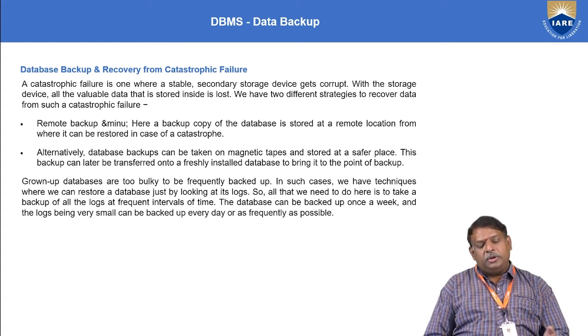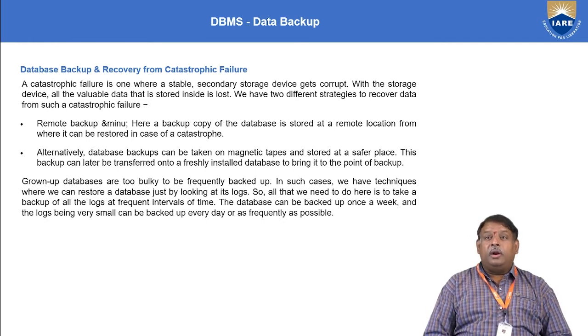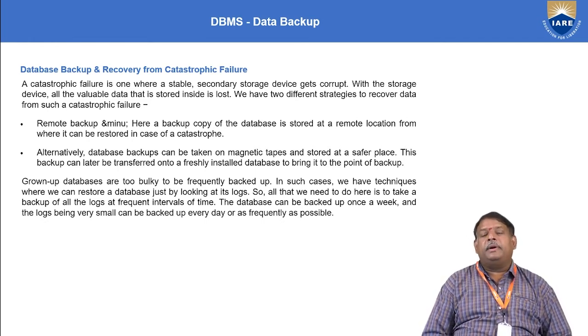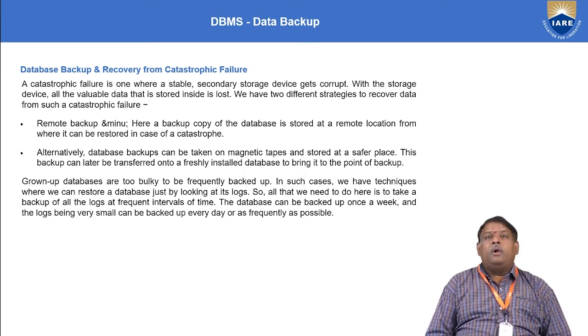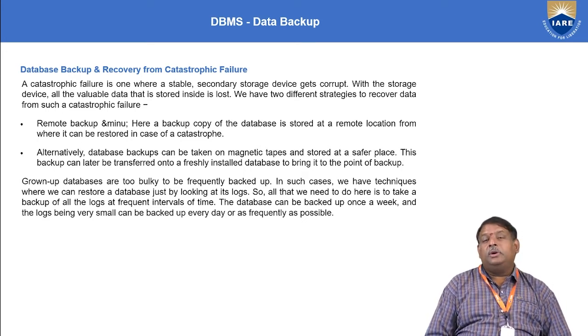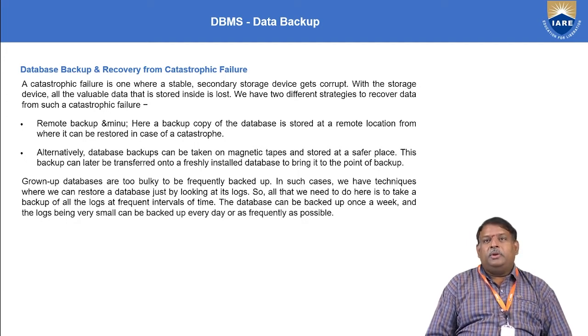Now you migrated that to a stable storage. What happens when it is corrupted? With the storage device, all the valuable data that is stored inside is lost. Whatever you have saved in the secondary, which is stable, got corrupted. So you have lost the entire data.